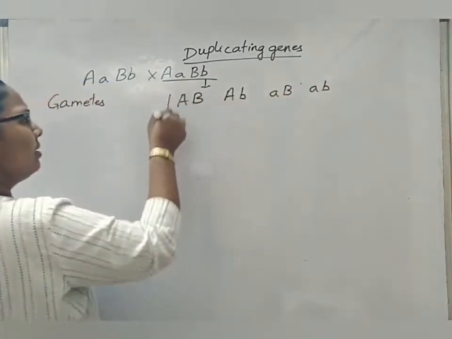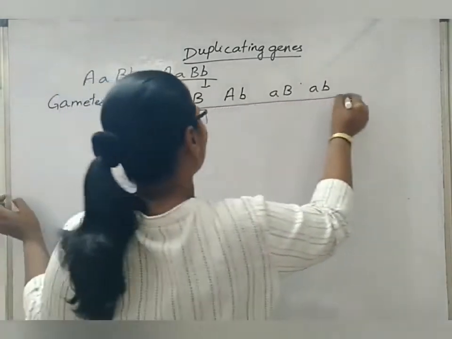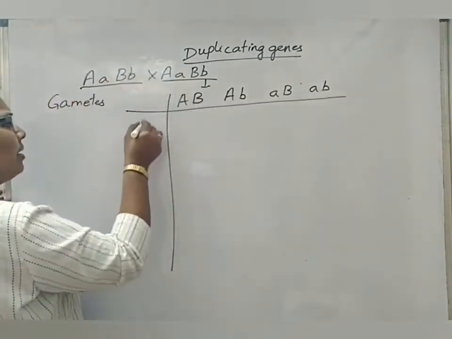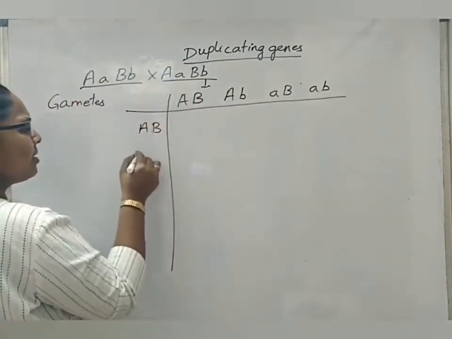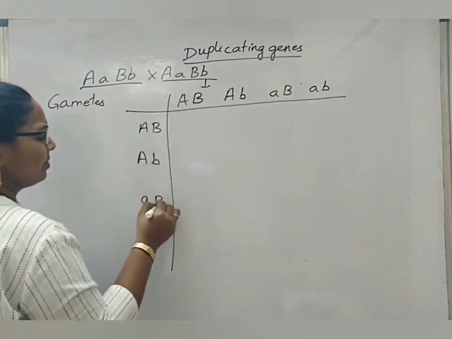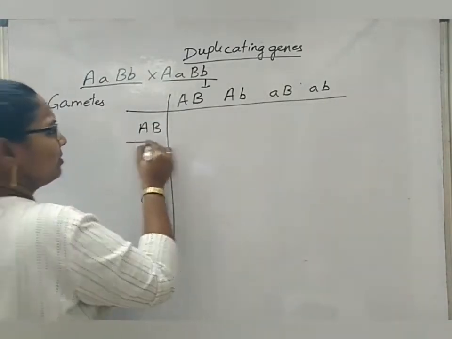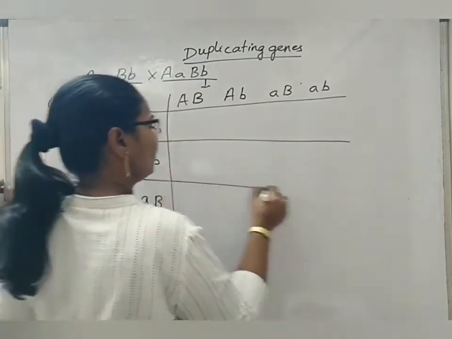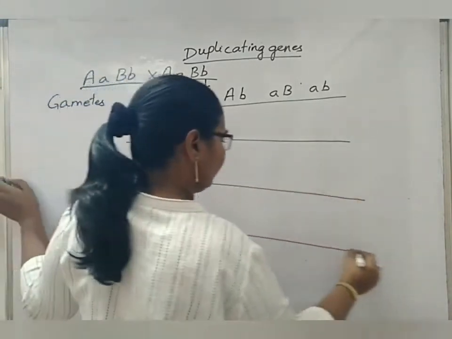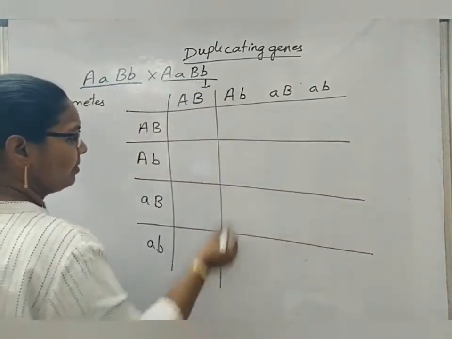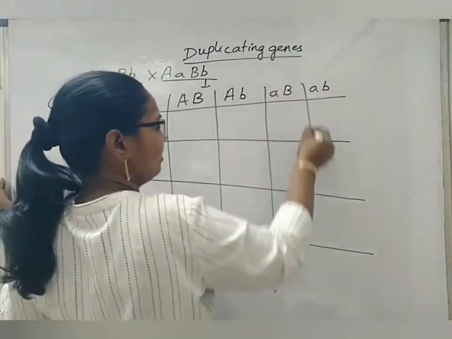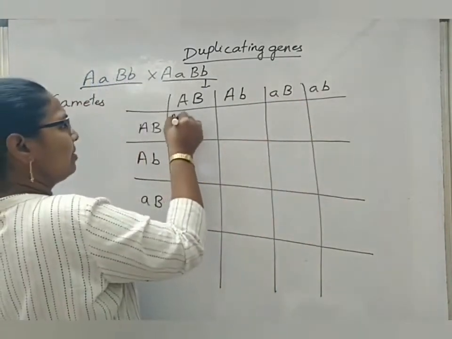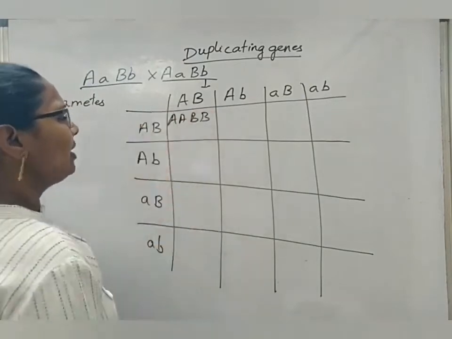Now represent this one, and gametes from this are again like this. Allele combination is like this.